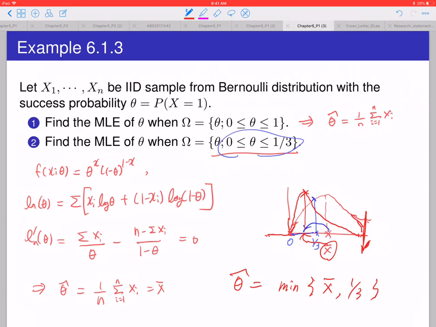If it's greater than 1 over 3, we cannot really use x bar as the MLE because it's outside the parameter space. So then 1 over 3 is the MLE.